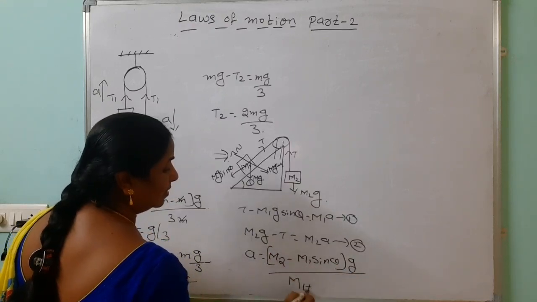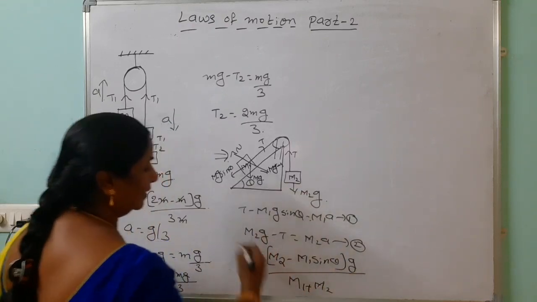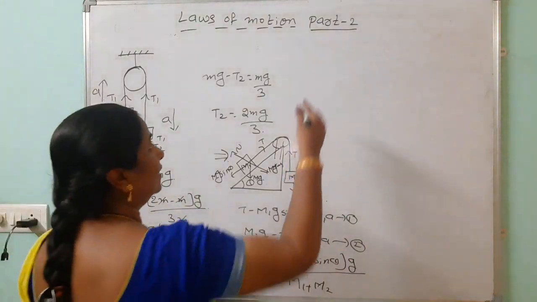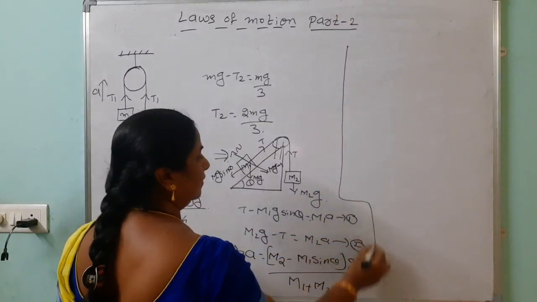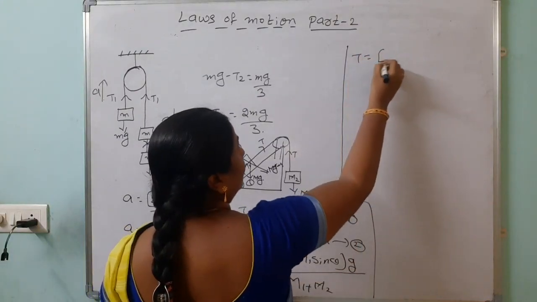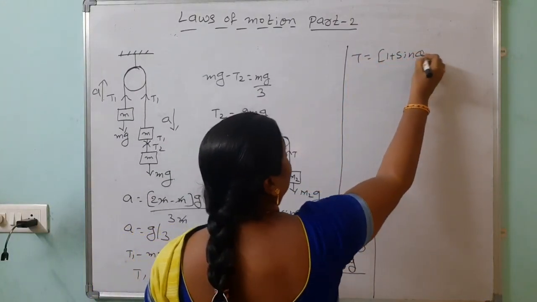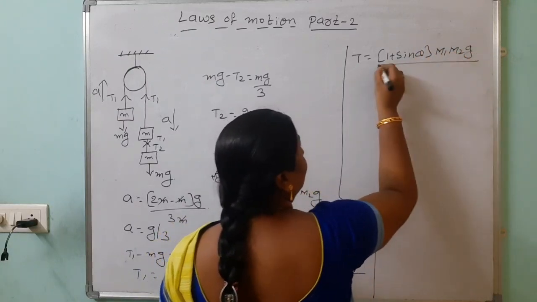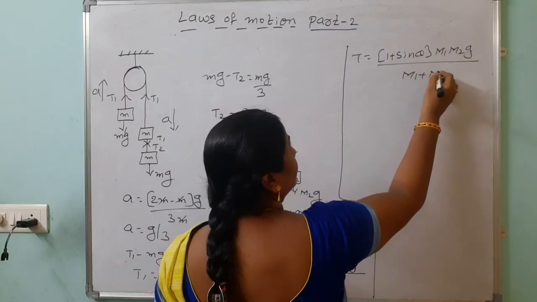This is the crash course, that's why I am not explaining the entire expression, but you must remember these formulas. Then the tension you are getting is (1 plus sin theta) into m1 m2 g by (m1 plus m2).